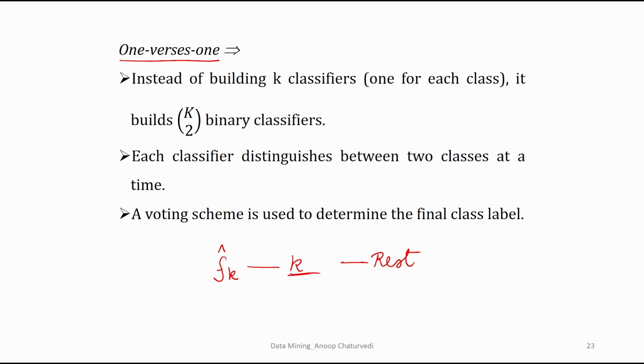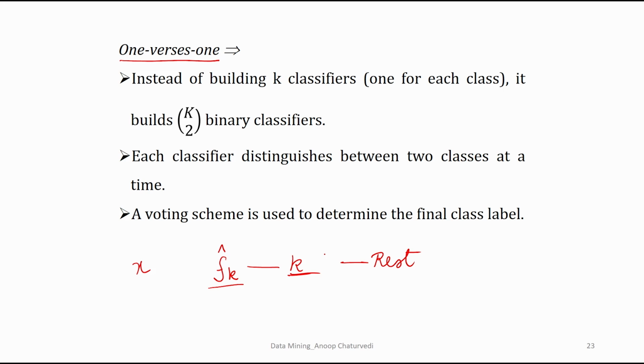And then using this approach, we classify a new observation x into one of the classes, whether it belongs to the kth class or it belongs to the rest of the classes. Then if it does not belong to the kth class, we select another value of k, and then we check whether it belongs to that class or not, and so on.